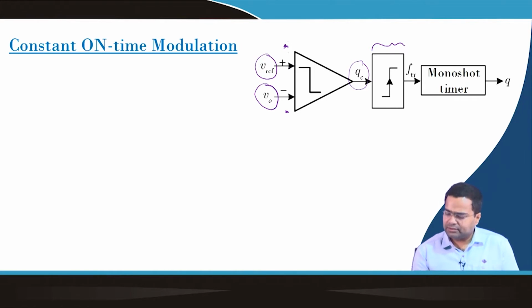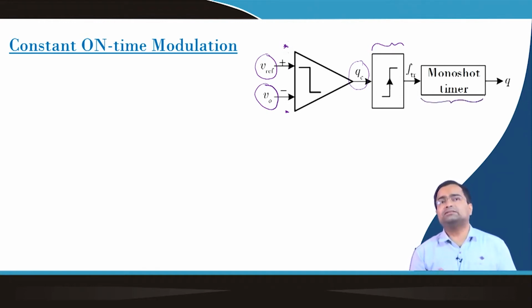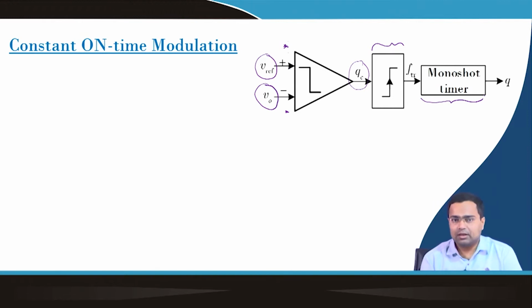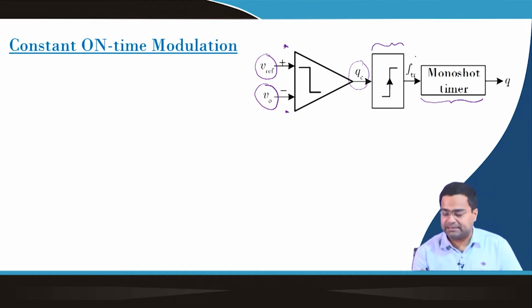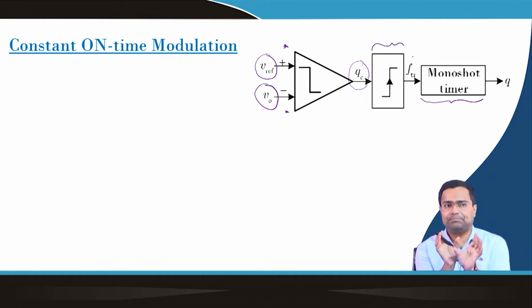Then this positive edge is going to trigger this monoshot timer, that means a monostable multivibrator. It is normally off, and whenever it receives a positive edge trigger signal, it starts counting because it has a preset on time value. So, it will remain active as long as the timer has not finished counting.